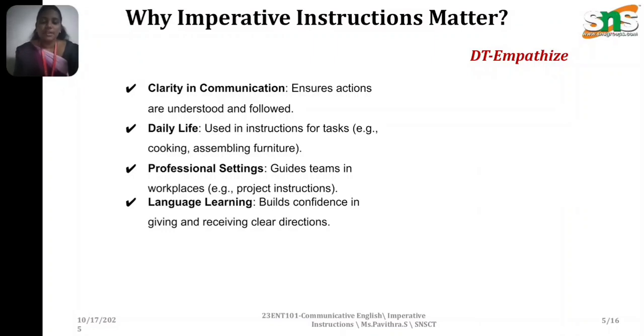In daily life, they are used in instructions for tasks, or for how we should behave in a particular place, for example, in a library. These things can be given through instructions. They also matter in professional settings, in workplaces, and to learn language in a proper manner. So this is why imperative instructions matter.